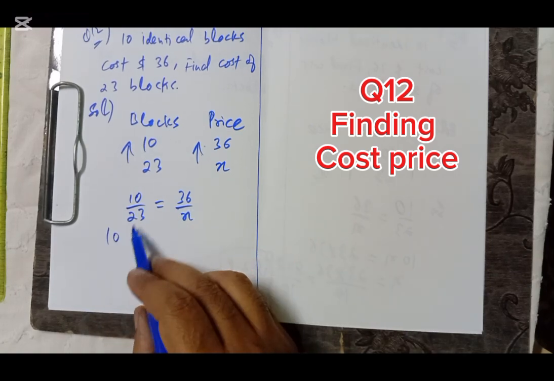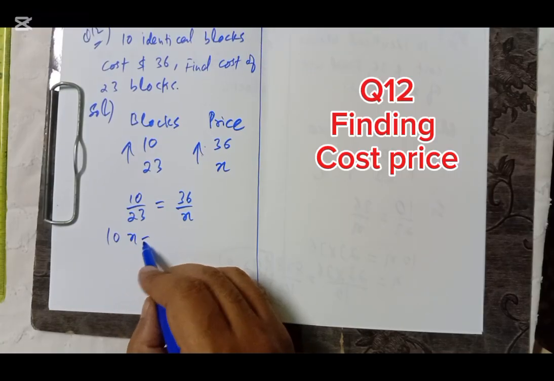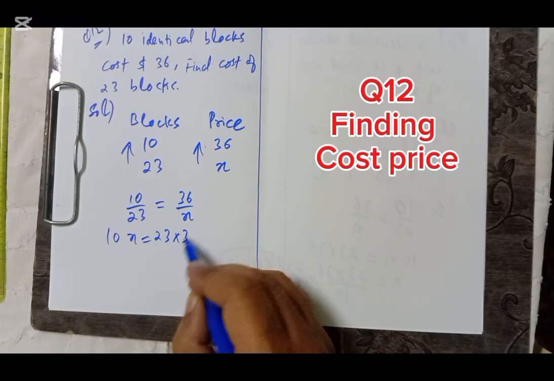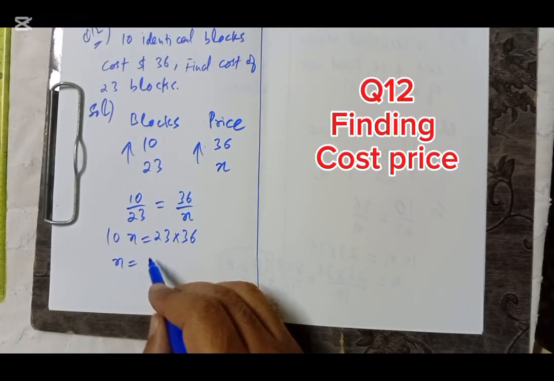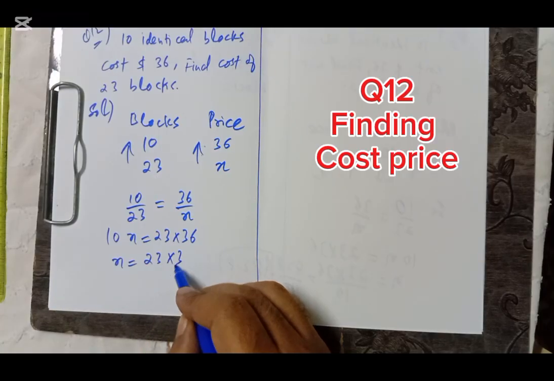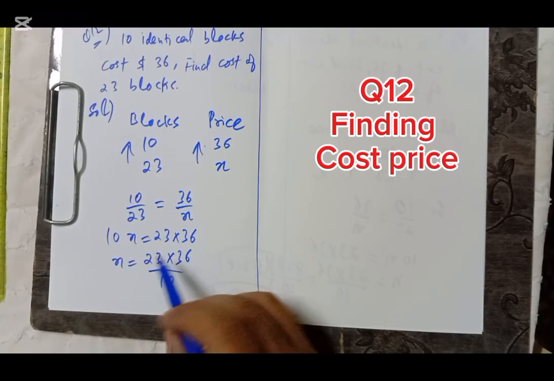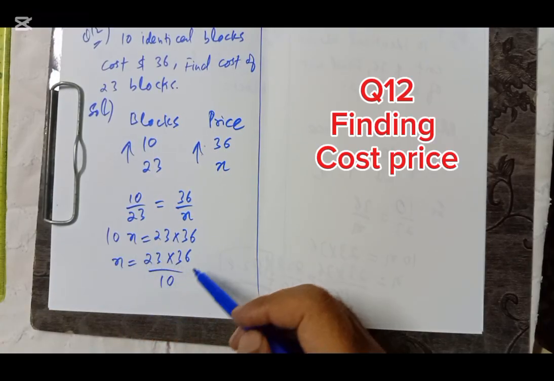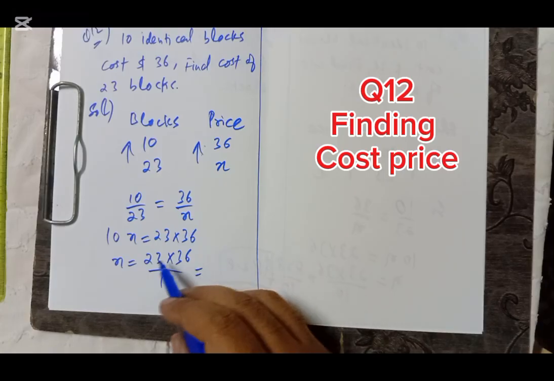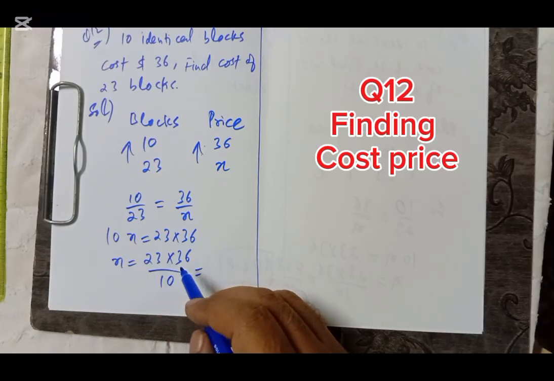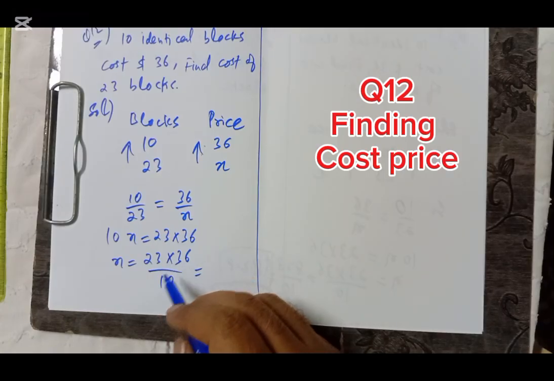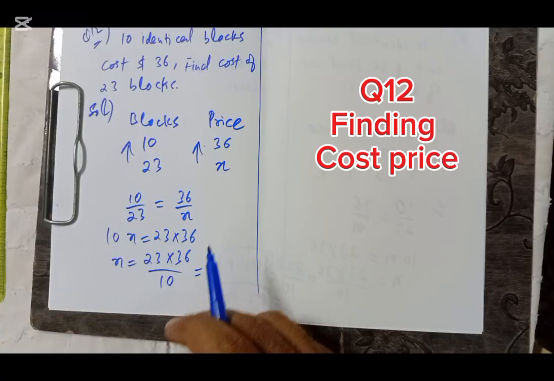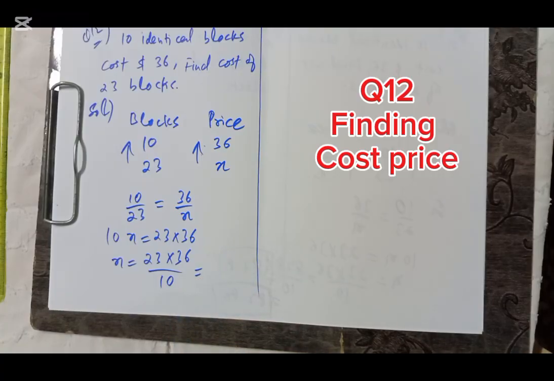If I do the cross multiplication, 10x is equal to 23 multiplied by 36, and x is equal to 23 multiplied by 36 divided by 10, if I bring this 10 to the other side of the equation. Now this needs to be solved without using a calculator, but I use the calculator to save time.